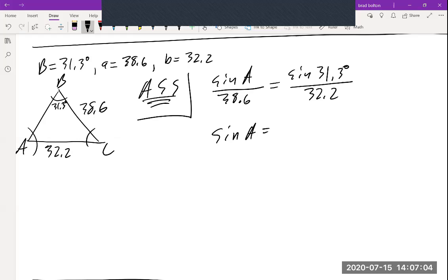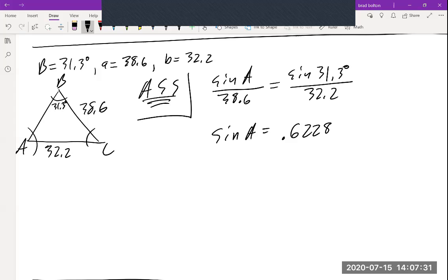And I get 0.6227. So the sine of A is 0.6228, let's round off to 8. You could say 0.62277 if you wanted. But if you want to round off to 4 decimal places, I think that would be fine. Double check in the homework how far they want you to round.